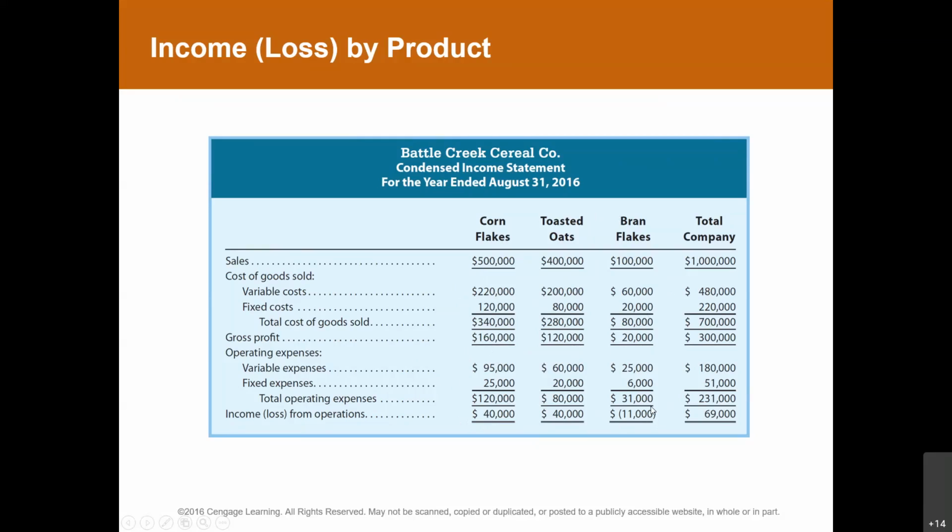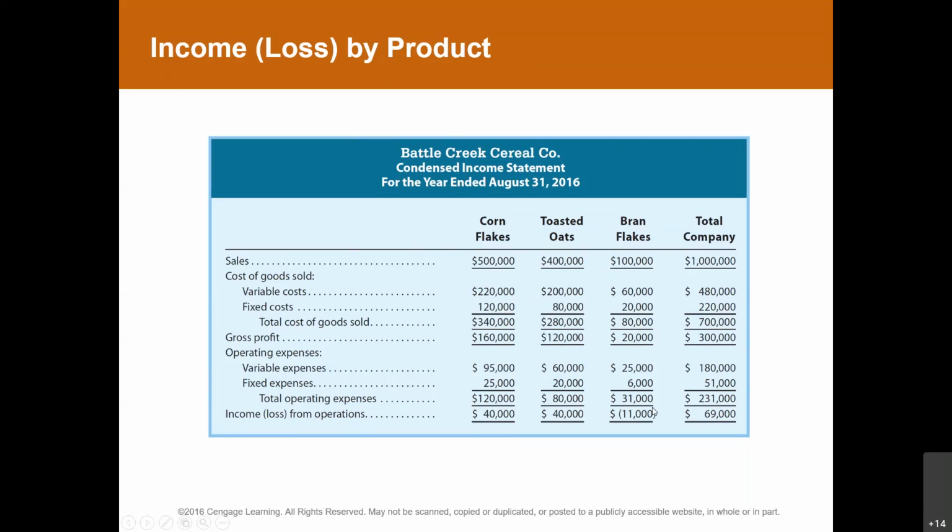And it looks like we're just not selling a lot based off of the sales figures of $100,000 in comparison to the other products. It looks like it's just no longer a product that is viable for the company, especially if it's continuing to lose $11,000 on an annual basis.